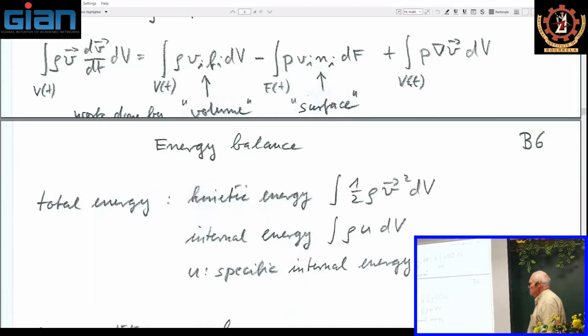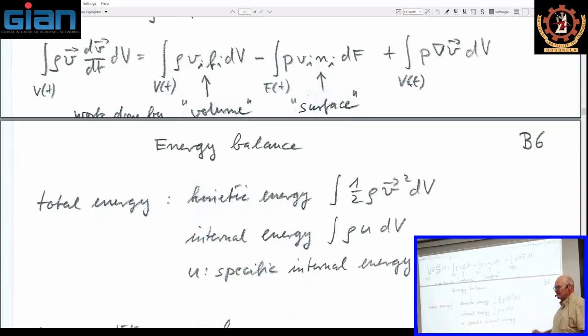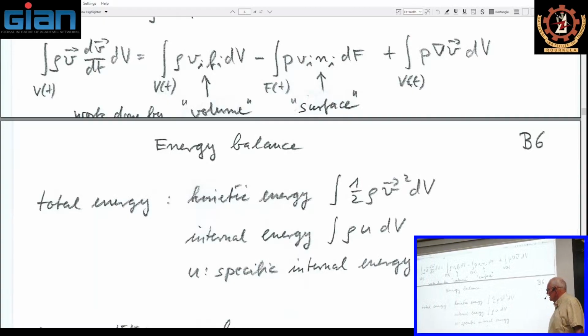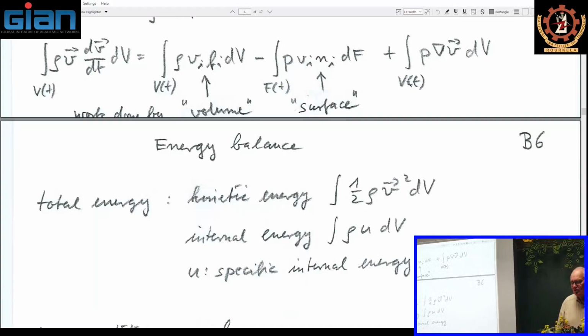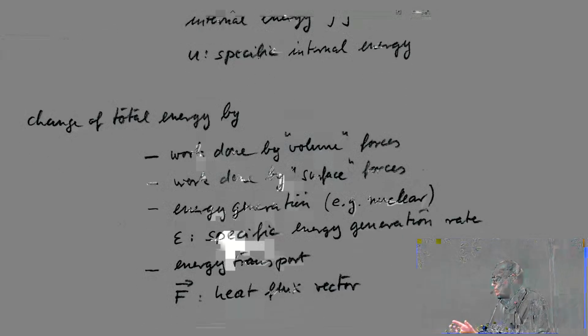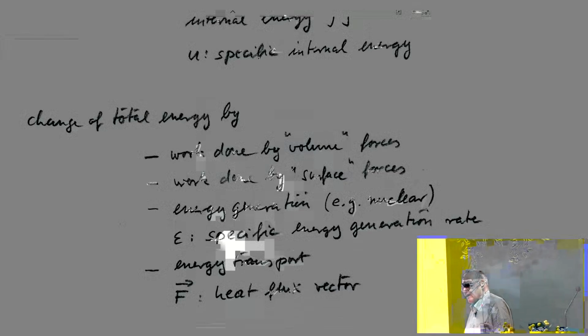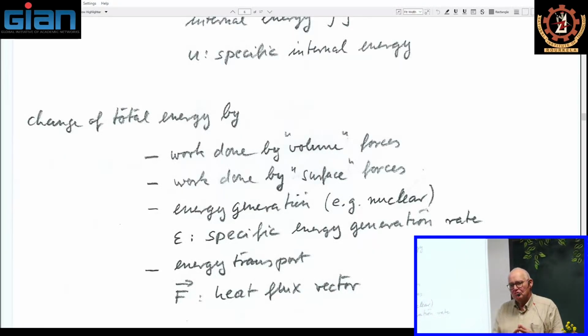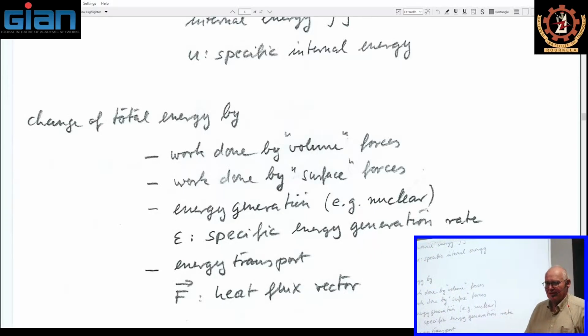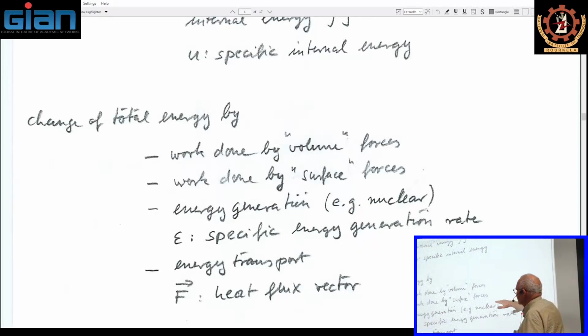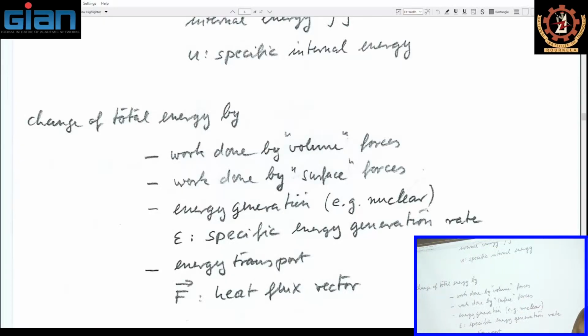Okay, these are the two forms of energies contained in our gas, and we would like to know how this energy changes. There is work done by volume forces. We distinguish between these two sorts of forces: volume forces, for instance gravity or magnetic fields, and the work done by the surface forces.